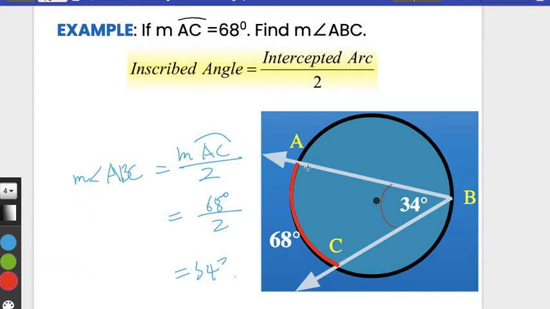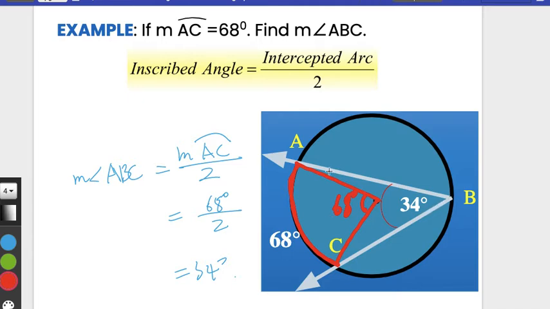As we mentioned, the central angle is the same as the arc measurement, 68 degrees, and the inscribed angle is always half of this intercepted arc. That's why it's 34 degrees.